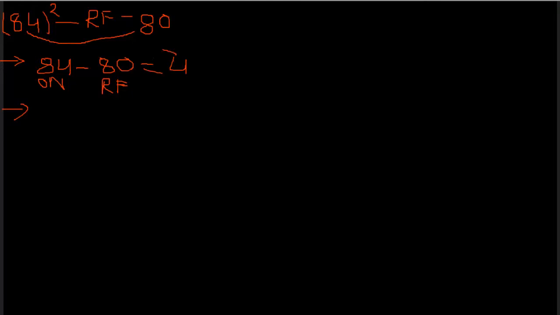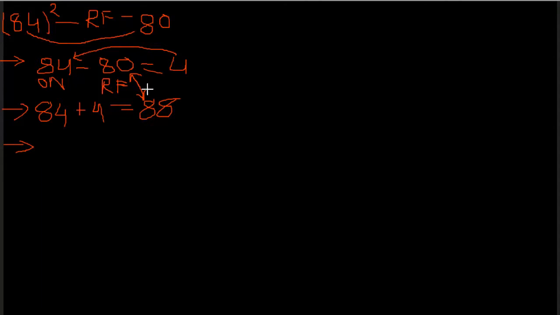In the second step, we need to add whatever result we got in the first step to the original number. So 84 plus 4 is 88. In the third step, we need to multiply the result we got in our second step and the round figure.